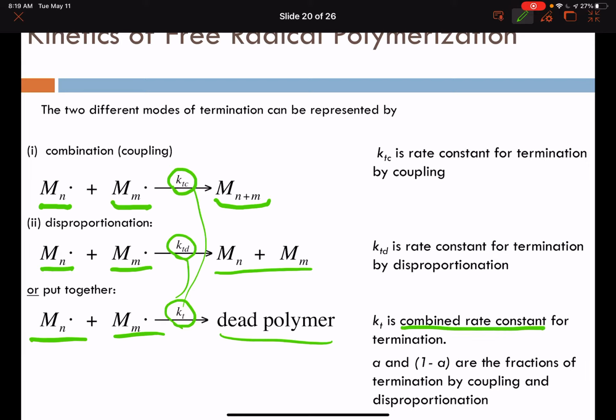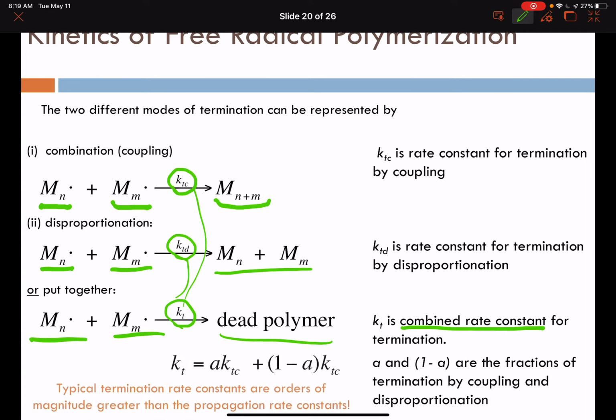And to give us our final rate constant equation, we have this here. So k_t, that combined, is going to account for coupling and the disproportionation, so that should be a D there. Apologies.